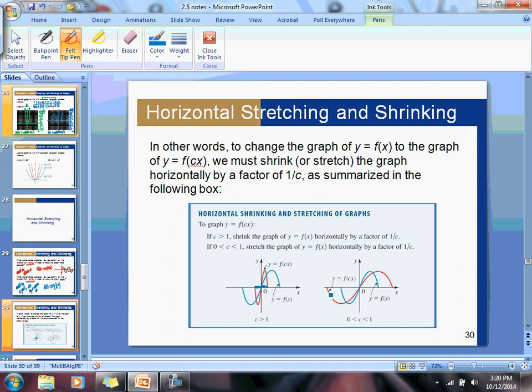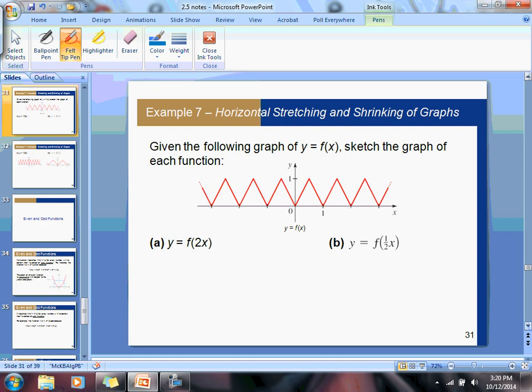But again, that red function now covers way more distance on that x-axis than what the original blue function did. Okay, so it's kind of opposite. You'd think if you multiply, you'd cover more space, but you actually cover less. And you think if you divide, you'd cover less space, but you actually cover more. So it's, again, that opposite concept on that x-axis to get things to stretch and shrink.